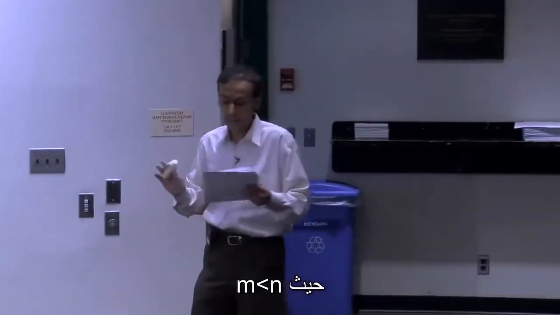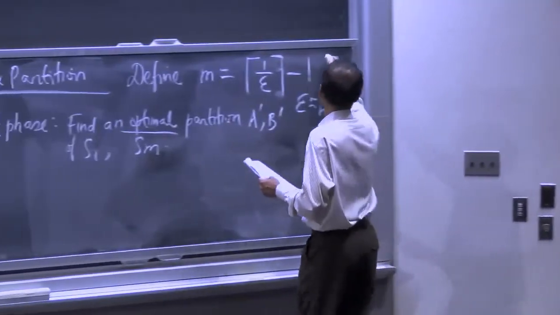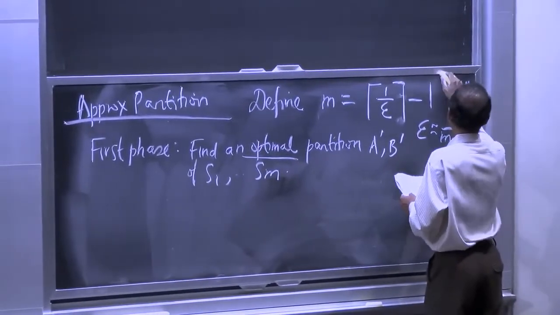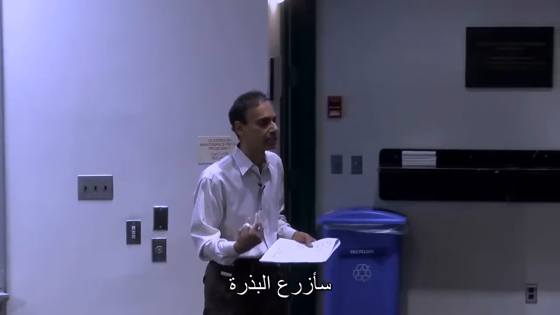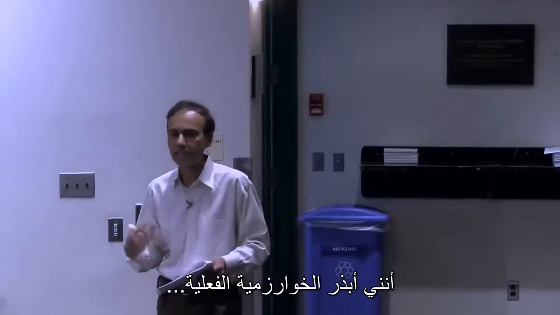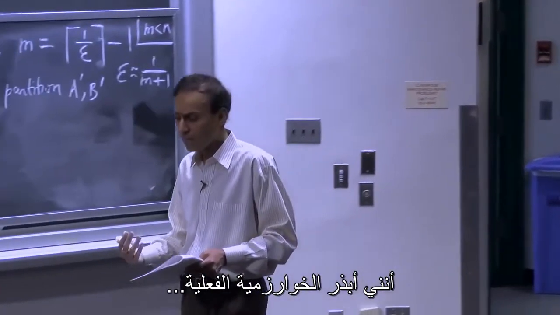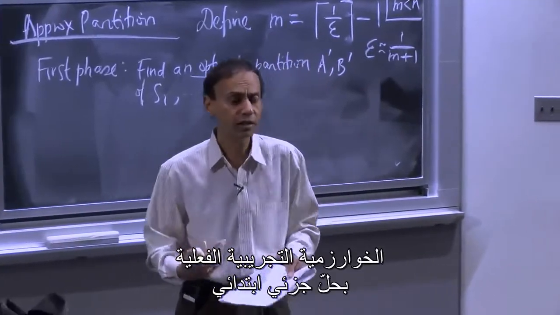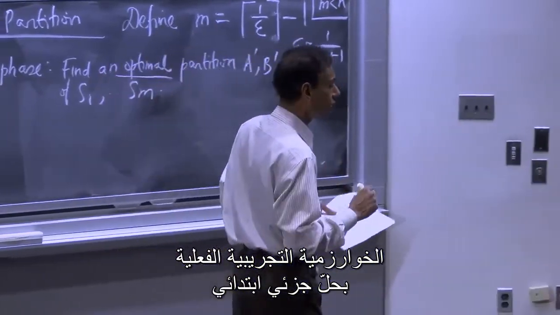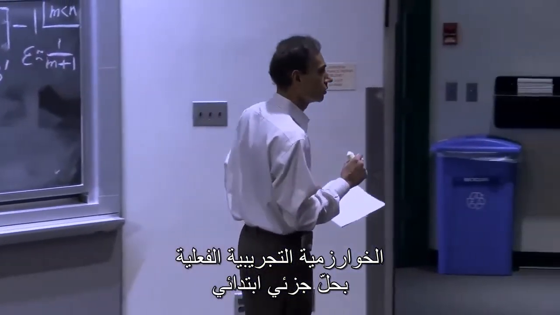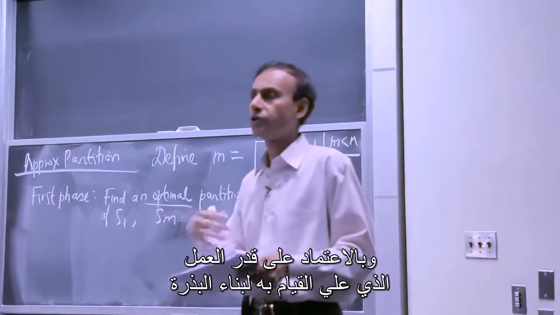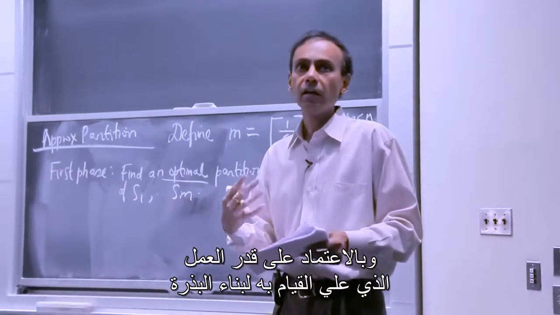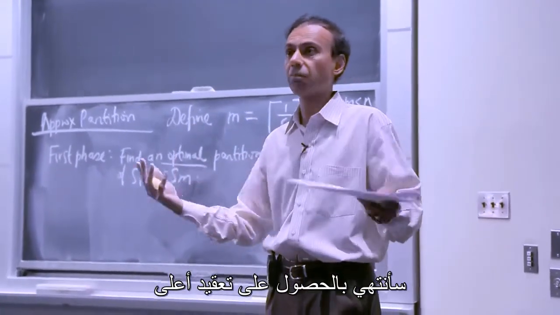m is less than n, right? So I'm picking something that's a smaller problem. I'm going to seed this. So the way this scheme works is I'm seeding my actual algorithm, my actual heuristic, with an initial partial solution. And depending on how much work I do to create the seed, I'm going to end up having higher complexity.